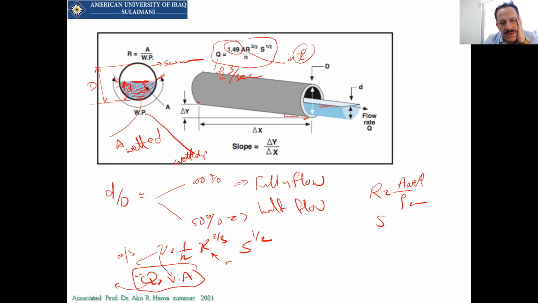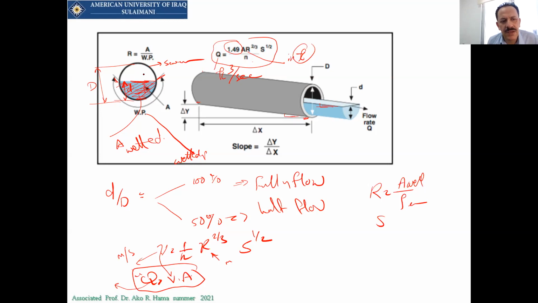Now what we have here, we don't want to have a full flow. I want to have a partial flow, and we have a curve that represents it. Because I don't want to go back every time and calculate the area, since it is somewhat time consuming.